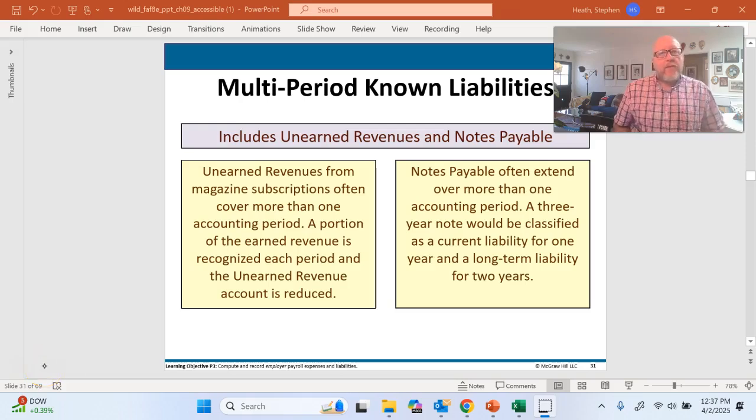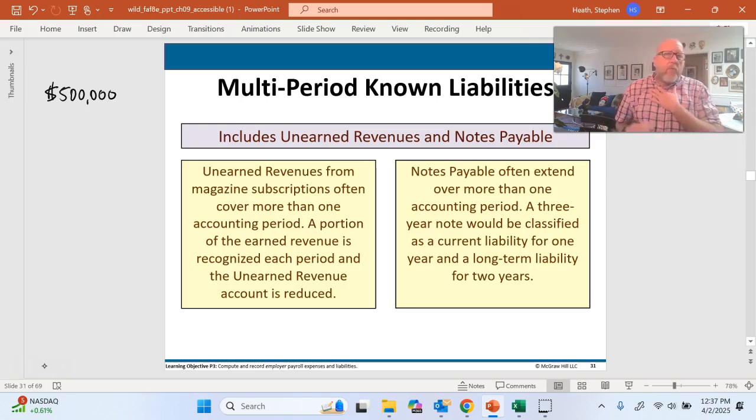Okay, the last element of known liabilities, not including salaries, okay, is this multi-period liability. And what we're saying really is, hey, what if I were to borrow $500,000 from a bank, and I said that I'll pay it back in equal installments over 5 years.